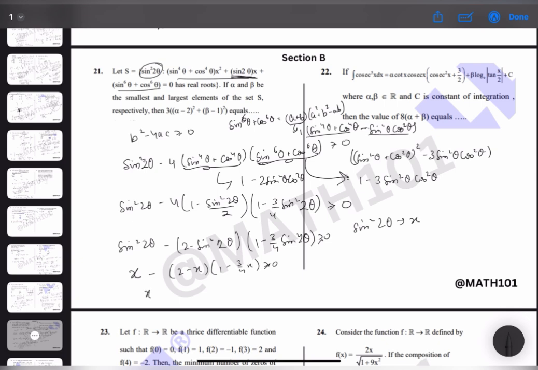So x minus 2, minus 7 by 4x, minus x minus 3 by 2x minus 5 by 2x plus 3x square by 4 is greater than or equals to 0.